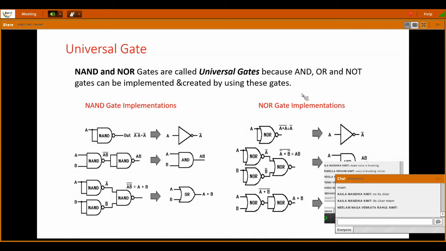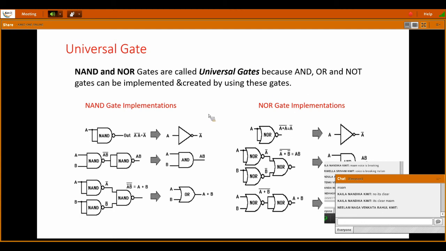Hence they are called universal gates. So what is the definition of a universal gate? Universal gates are the gates which can be used for realizing any kind of Boolean expression or any other gates. All other gates can be easily realized by using NAND and NOR. Hence they are called universal gates.